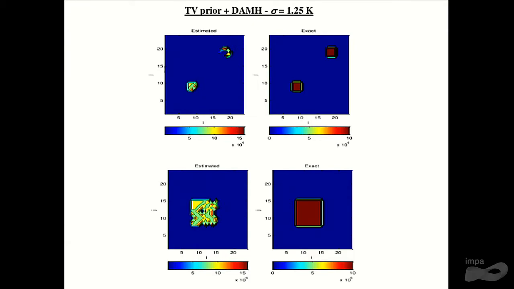We only consider a prior that we would like to maintain the gradients. Okay? So in two different cases, we get good estimates of the location, and also of the magnitudes. Although we see some oscillations in this region where the heat flux is located, because the problem is very ill-posed. Okay? Very ill-posed.